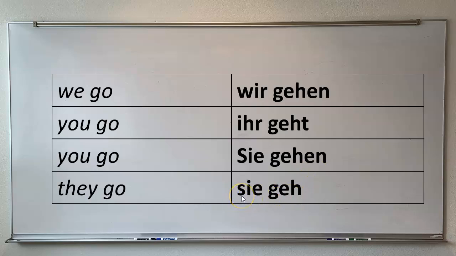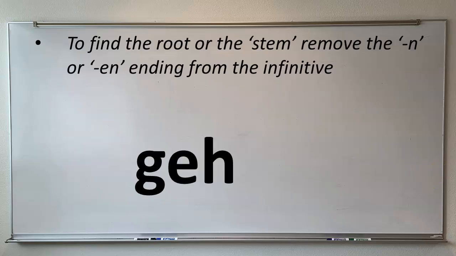Sie, notice that it's lowercase s here, so they, and then the ending is en, sie gehen. So here we have a regular verb conjugated in the present tense. That's the verb gehen. Okay, so remember, this is important. Find the stem, remove the n or en, and there you have it.